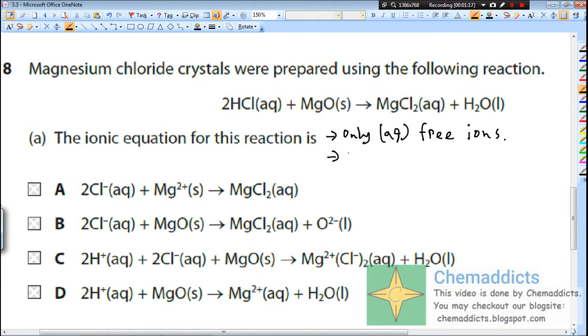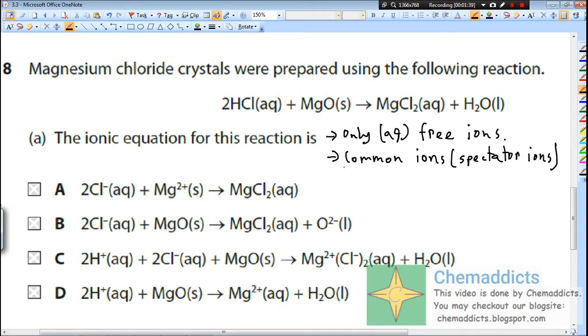That's fine. Then here is another point that we need to know, that common ions, or more specifically spectator ions.